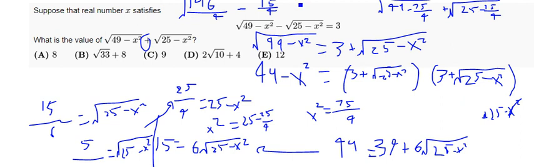So we have 196 minus 75 over 4, which is 121 over 4. And right here, 25 minus 75 over 4, I'm sorry, is going to be 25 over 4. My bad.